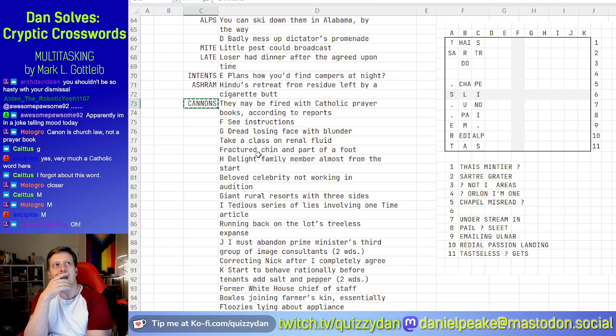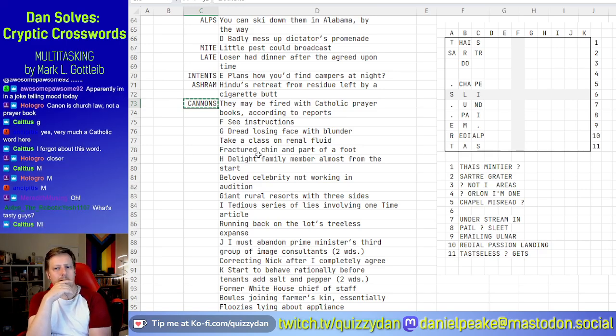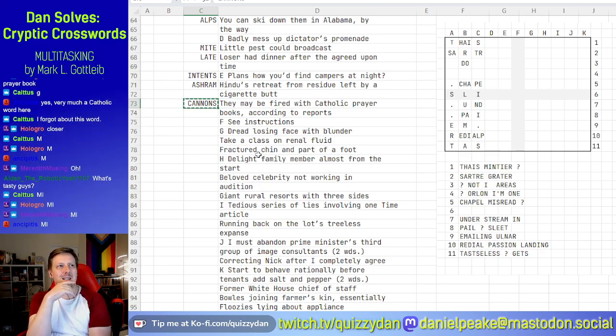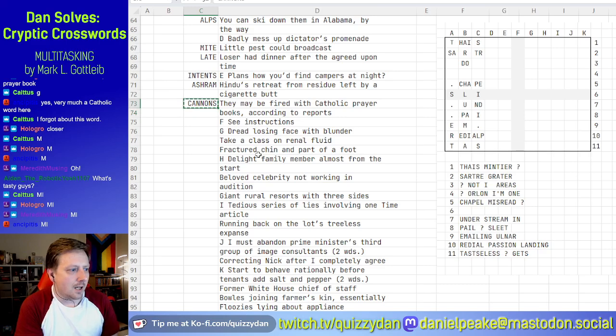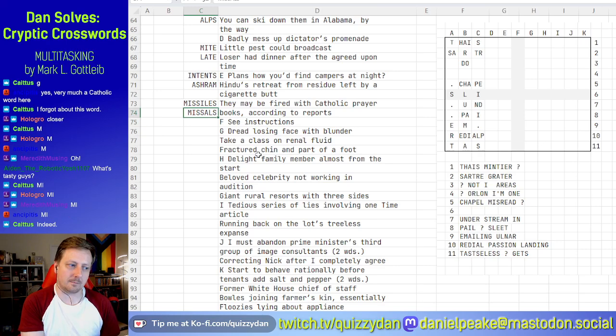Catholic prayer book begins with M. Mass. You don't fire masses. Next letter, please. What do you fire that begins with M? M-I. Missive is a missile. A missile. M-I. So it is M-I-S-S-I-L-E-S. So missiles is the prayer book, I'm assuming. And I'm assuming it also has to be plural because it's they, not it may be fired.